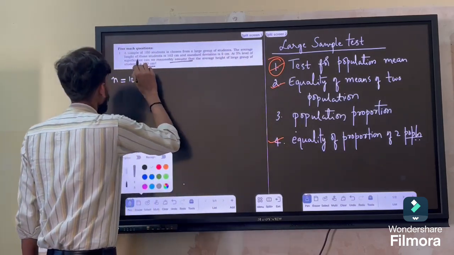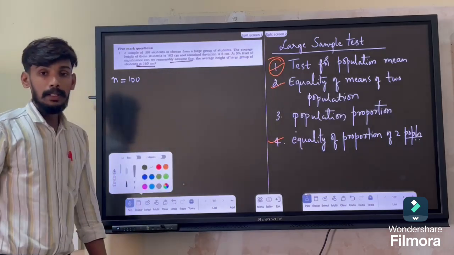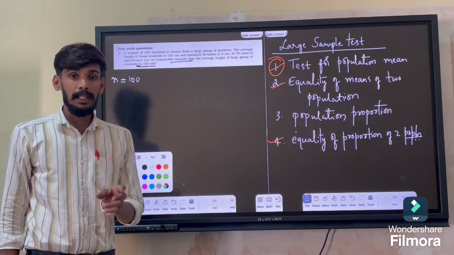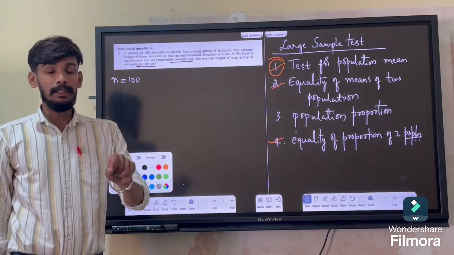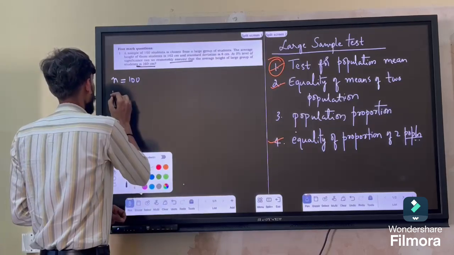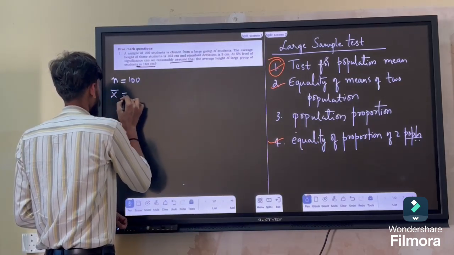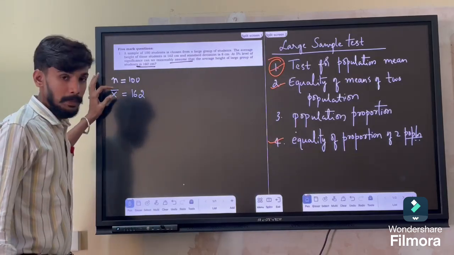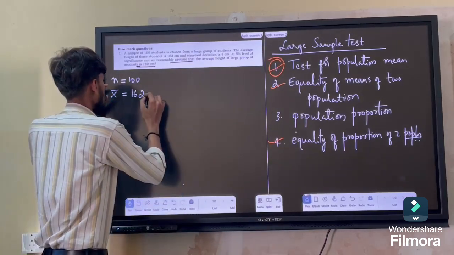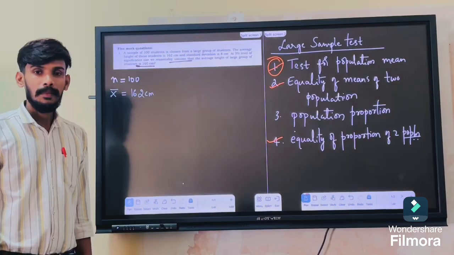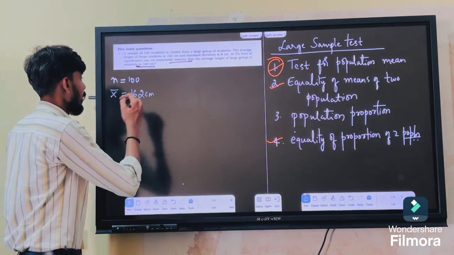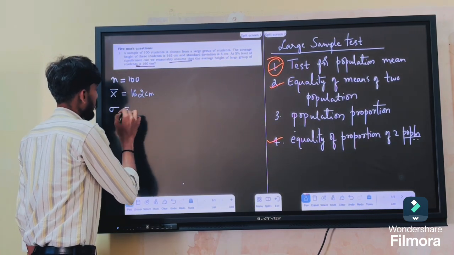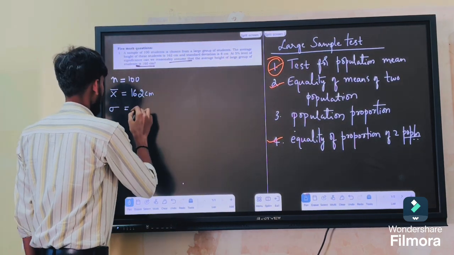The average height of these students is 162 centimeter, that is the sample mean. And the standard deviation given is sigma, that is 8 centimeter.